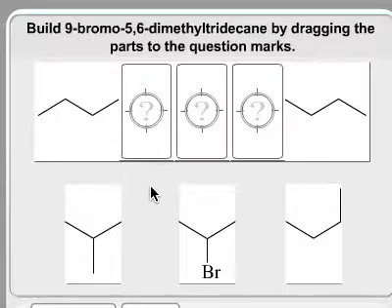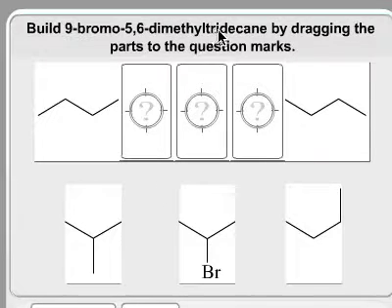All right, so build 9-bromo-5,6-dimethyltridecane.